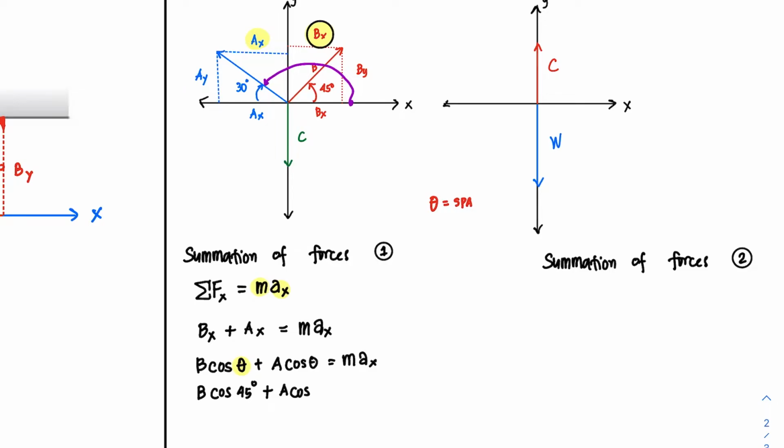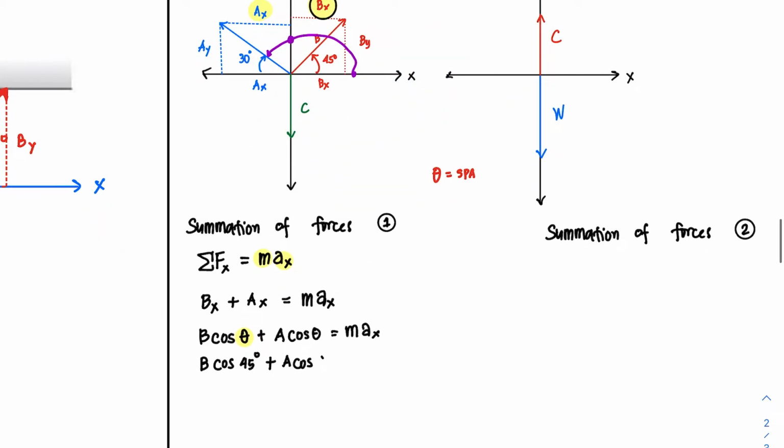From this point up to this point is already 90 degrees, so 90 plus 60 is 150 degrees. That means what you should be writing here is not cosine of 30, but cosine of 150 degrees, equal to m a sub x.